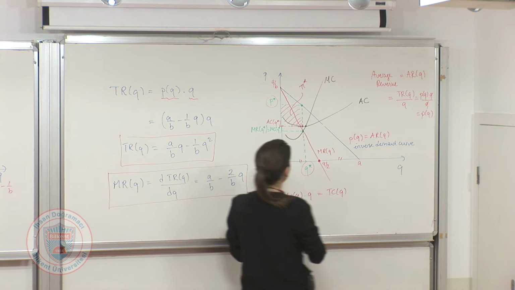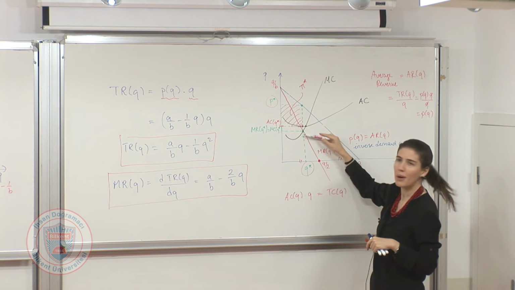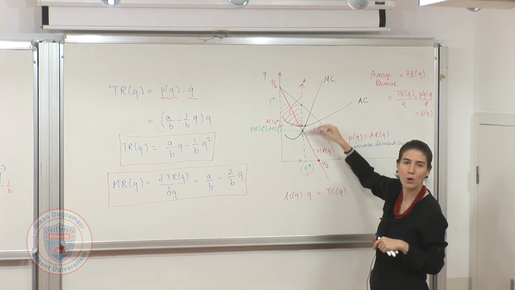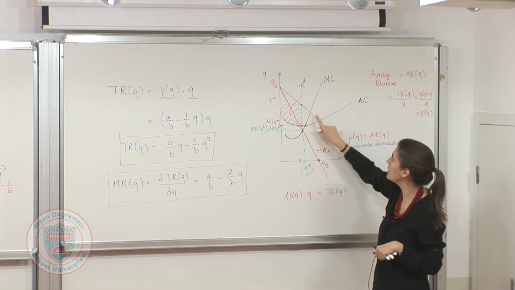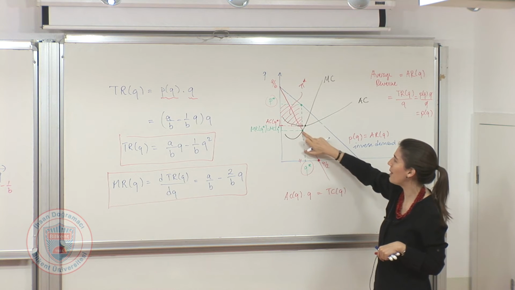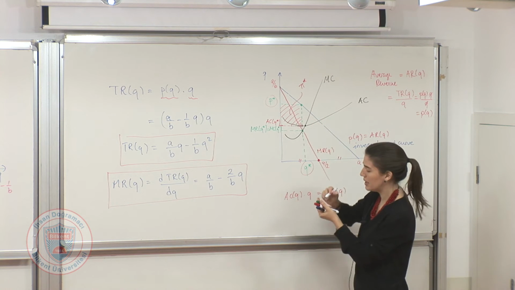But you can check, you see that the profit maximizing point, remember what did we say? It's on the increasing portion of the marginal cost, right? So you see it's actually on the increasing portion of the marginal cost, which is here. What I meant was this.